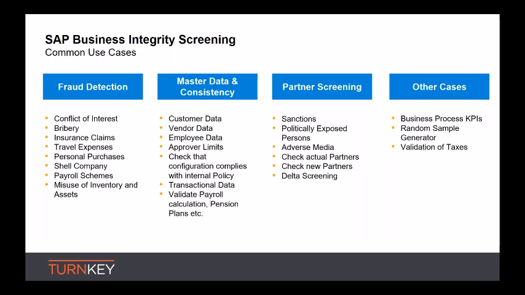We have one customer that is using business integrity screening to generate random samples. They have to do a review of, I think it was 10 documents for a specific document type each week. And the system is selecting the documents, and then it can be checked within business integrity screening, documented, and then approved in the business integrity screening tool.